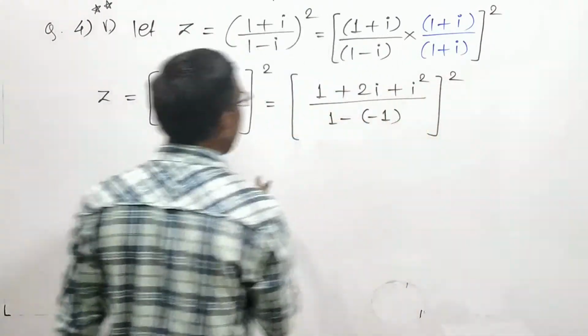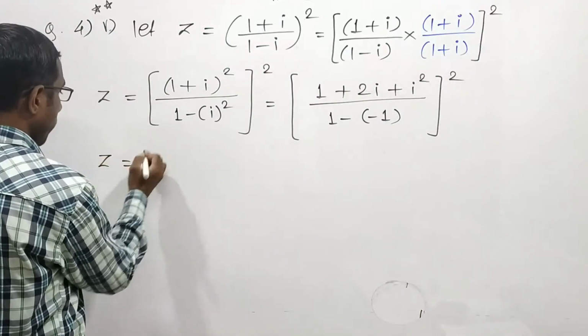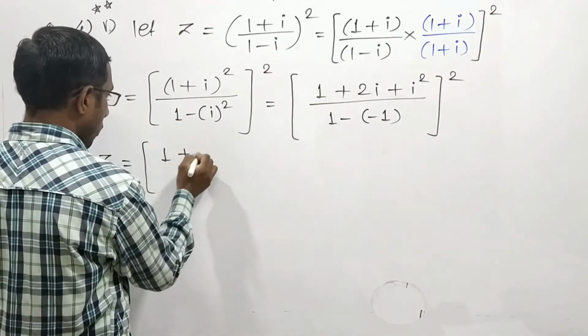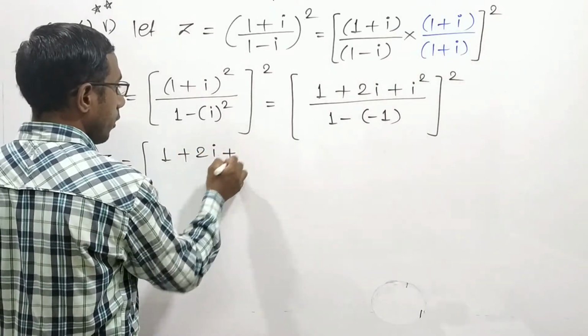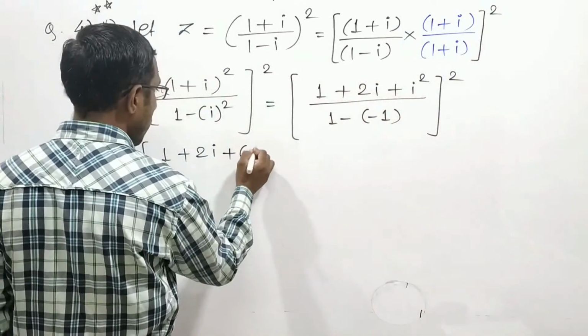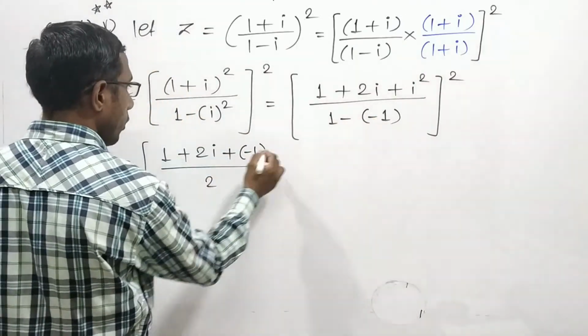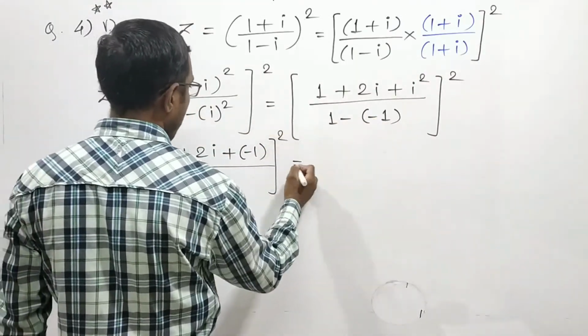Now we are putting the value of i square as minus 1. So 1 plus 2i plus i square as minus 1. Minus of minus becomes plus, so it becomes 2 bracket square.